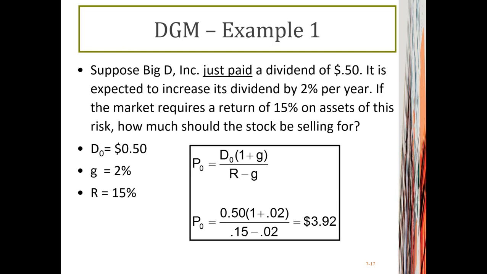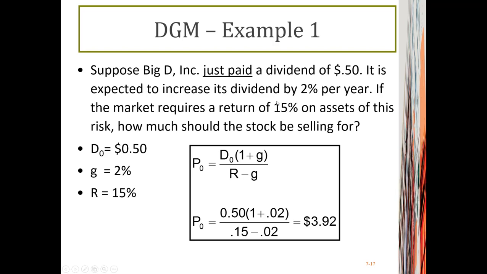In this case, since the dividend will grow at a constant rate every year, we can apply this Gordon growth model. What we have in this question are essentially three numbers. The first one, 50 cents dividend, the second one is 2%, the growth rate, and the last one is the required rate of return.